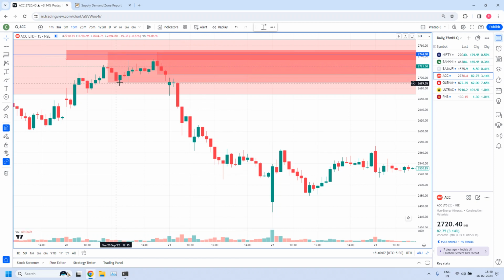Above 2691, and below the high of this zone, which is 2747. Between 2691 and 2747 you need to identify the zones. In 5 minutes there could be multiple zones, but we want the ones inside this 15-minute area.